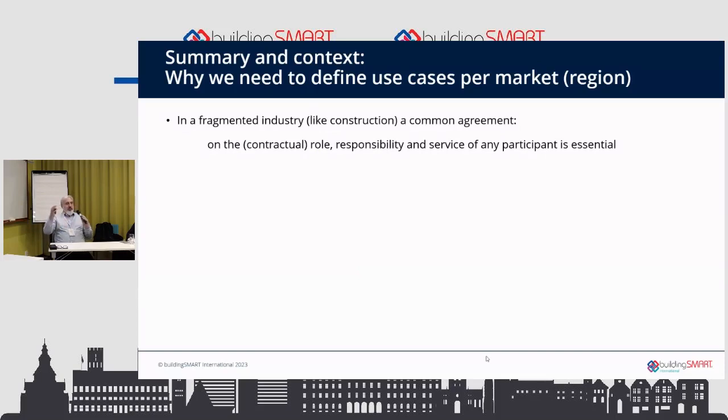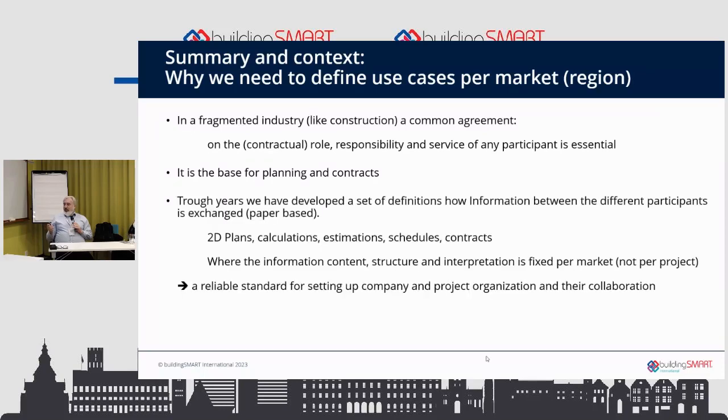So if we know the world where we are working, then we can act more easily. It is the base for planning and contracts. And to be honest, through the years we have developed a set of definitions already for how information between the different participants is exchanged, but paper-based. So we do that already. So we have these agreements.